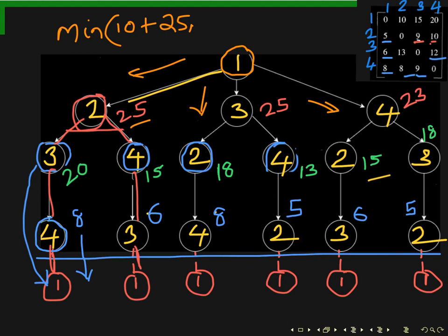It is going to be the distance from 1 to 3. 1 to 3 is 15. 15 plus 25, comma. Now the cost via 4 is going to be the distance from 1 to 4, that is 20. 20 plus 23.